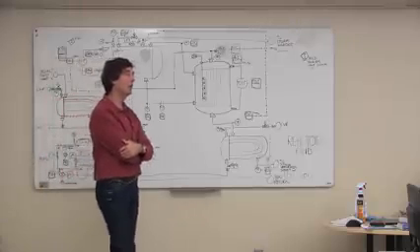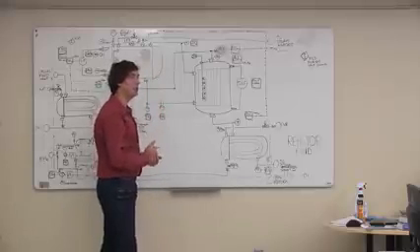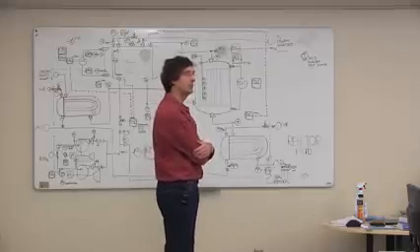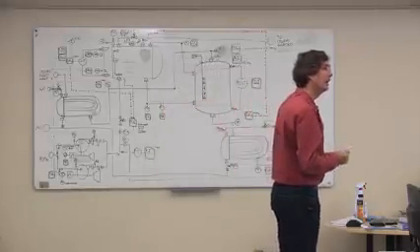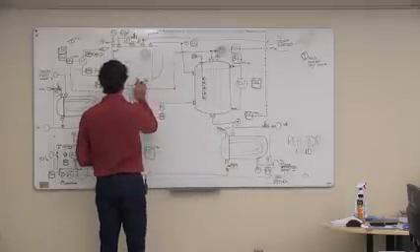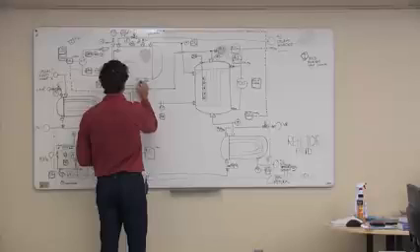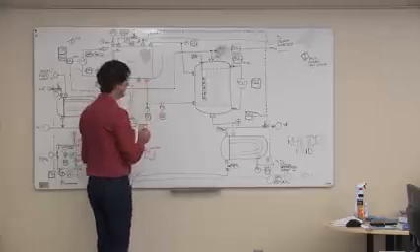Michelle, you got some ideas? A manual drain? Okay, we could put a manual drain on there, yeah. What are we going to do with the manual drain? Just have a bucket there and... A drain.